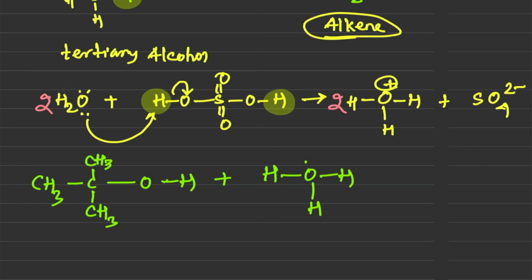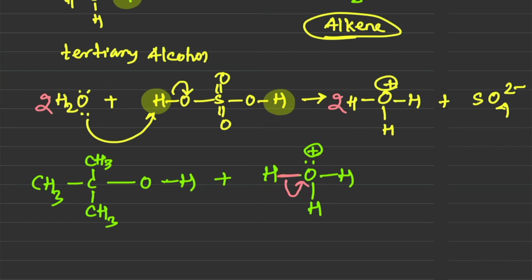Every time you see a positive charge on oxygen, you want to try to neutralize it somehow. Well, how can you neutralize it? You can neutralize it by releasing this extra proton.